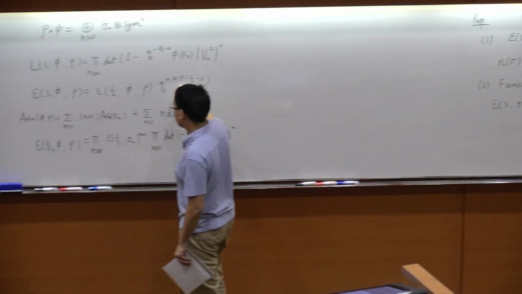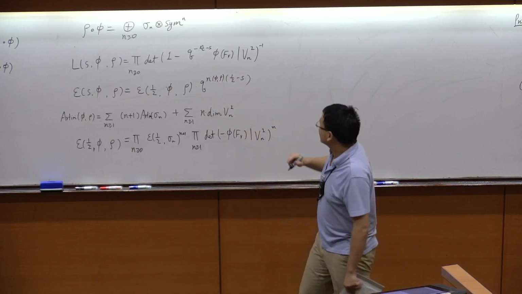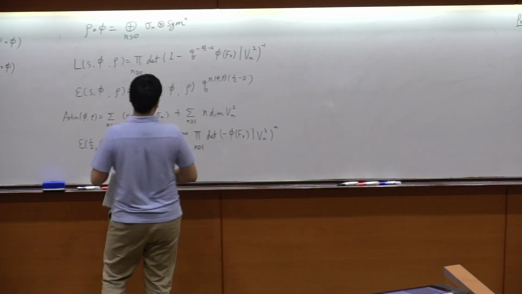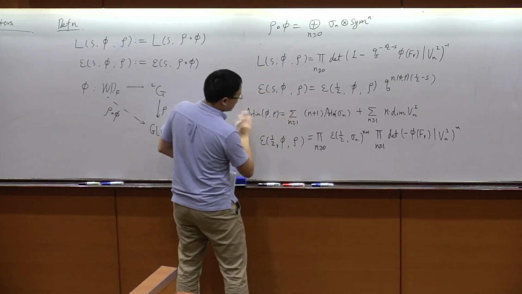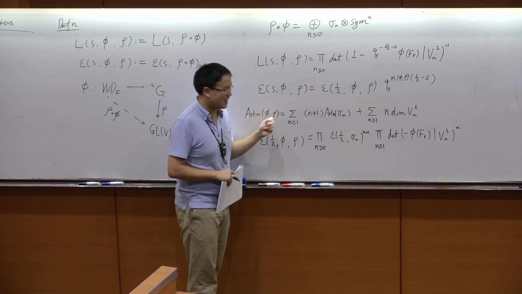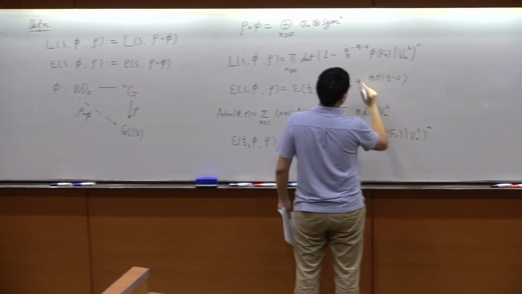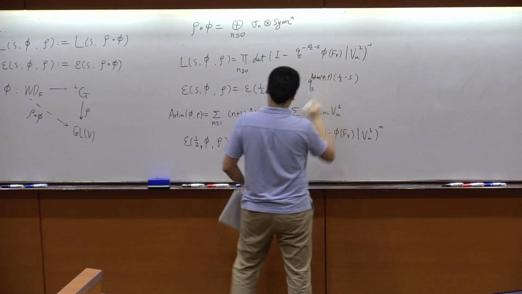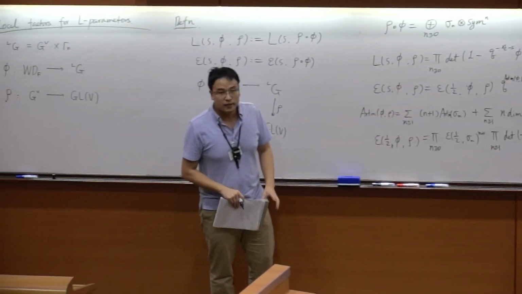n(phi, rho) is the same as, referring to this. So let me use different letters to distinguish this n and this subscript n. This n is just the Artin conductor, and this is the definition for this Artin conductor.